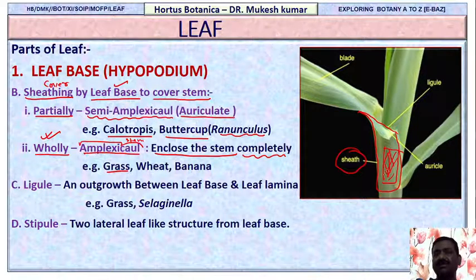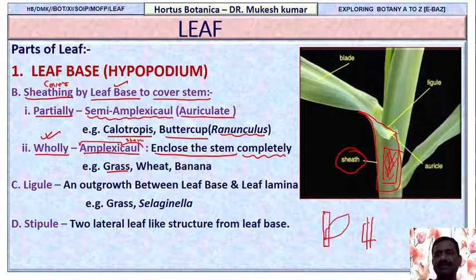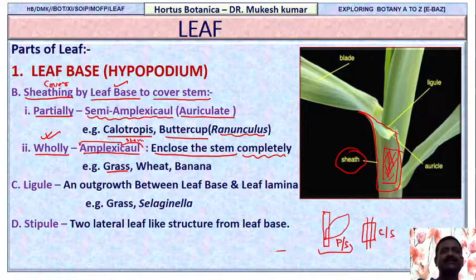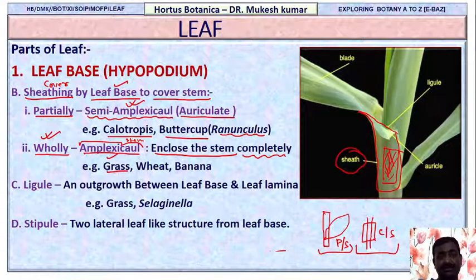So this is called amplexicaul. Sometimes this is the stem and they partly cover it, and sometimes completely. So complete sheathing, or partial sheathing. The partial sheathing is called semi-amplexicaul, and the complete sheathing one is called amplexicaul. It is very common in grass, wheat and banana, right?